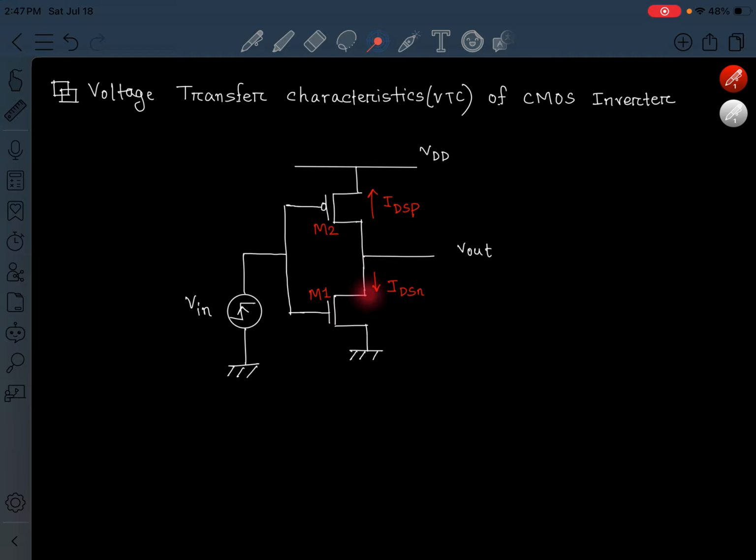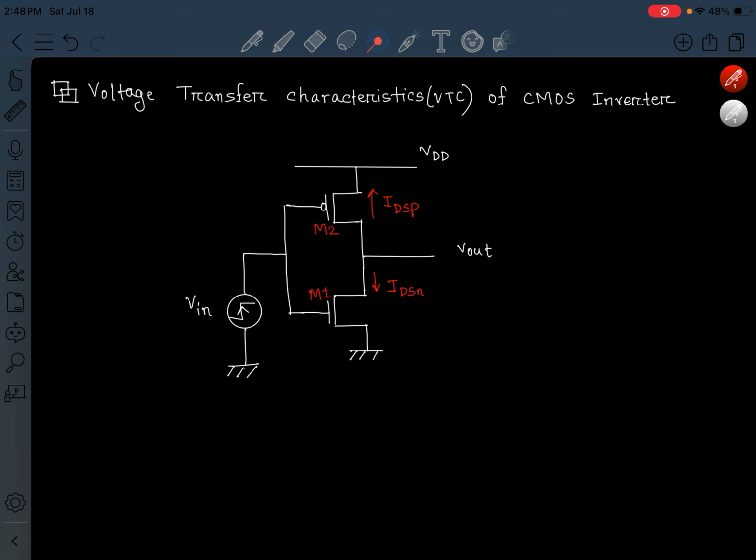We tie the drain of the PMOS and the drain of the NMOS together, and we get output voltage from this common drain. And we have a common gate also, and we give the input to this common gate.